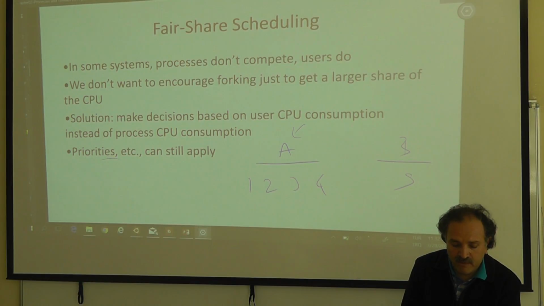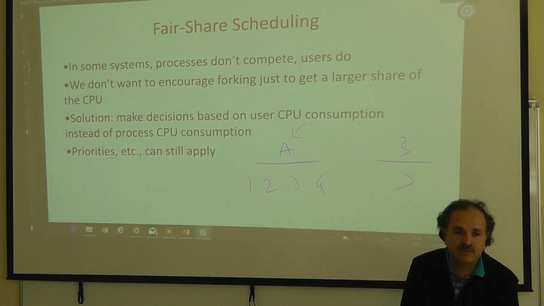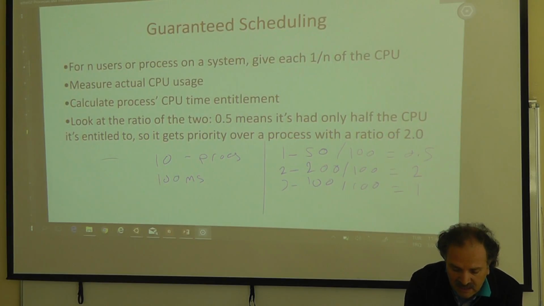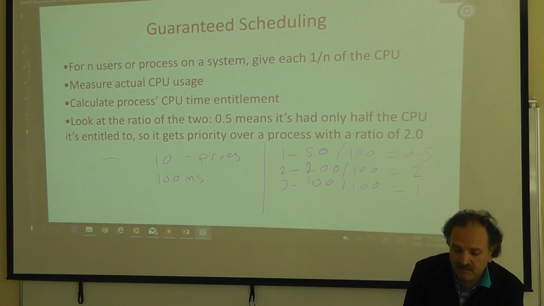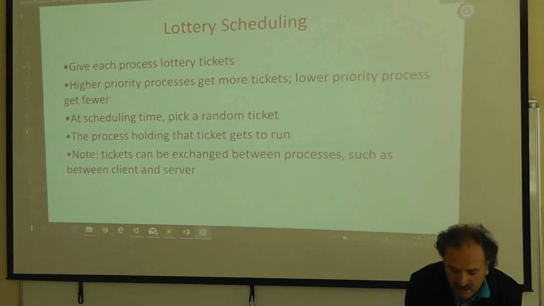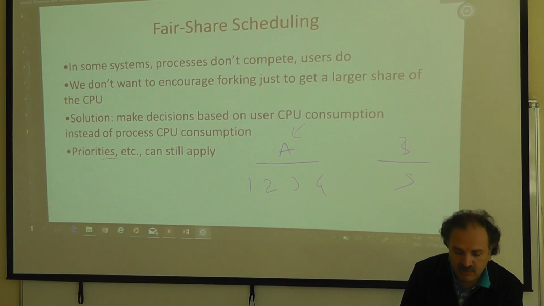So in order to prevent these kinds of problems, make decisions based on the user's CPU consumption instead of the process's CPU consumption, by measuring how much the user uses the CPU instead of how much the process uses the CPU. So make your decision based on the user, not based on the processes.